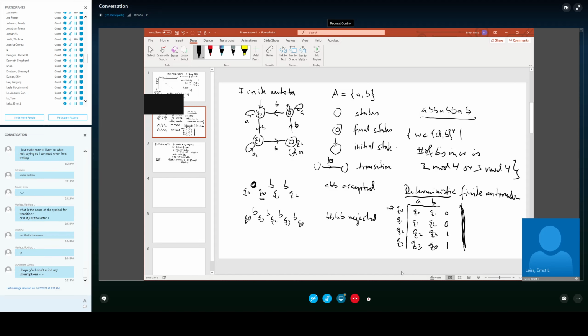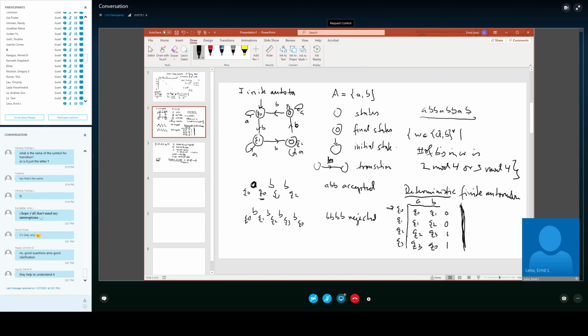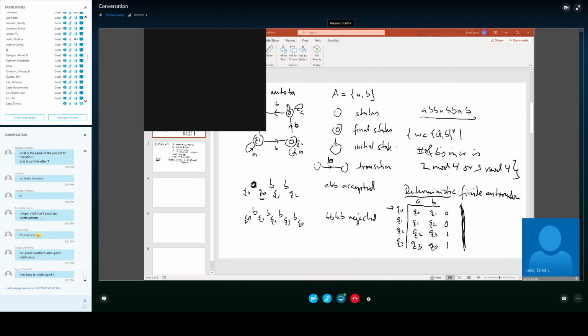You don't really know at this point what a non-deterministic finite automaton is, so let's not get sidetracked by that. But also, we don't have any value judgments. We only talk about mechanistic types of things, and non-deterministic automata, once we've defined them, will be much more complicated in some sense. But let's not get ahead of ourselves. All right?